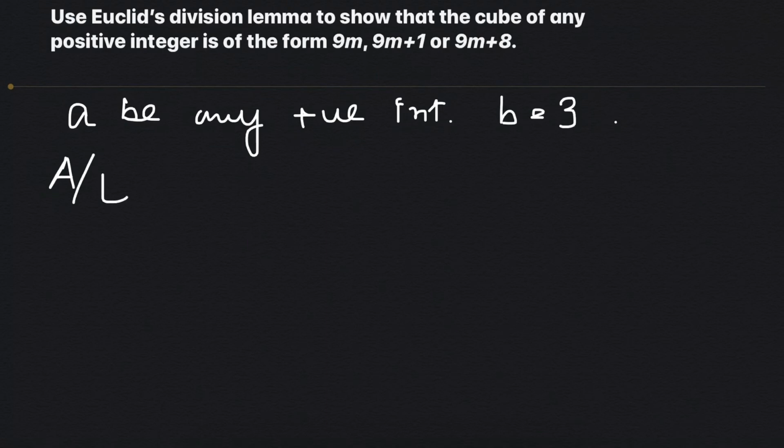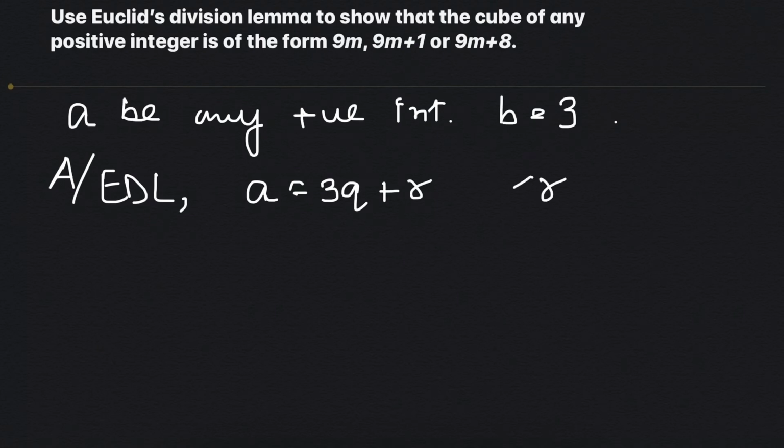According to Euclid's division lemma, we can write a is equal to 3q plus r, where r is greater than or equal to 0 and less than b. Here b is equal to 3.